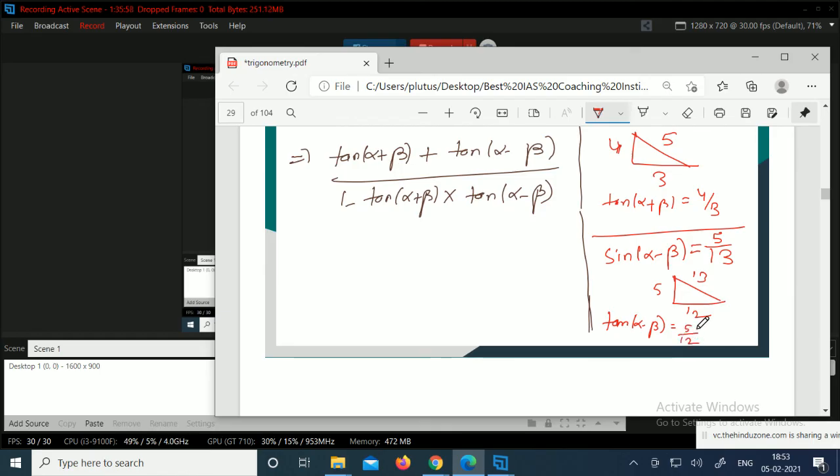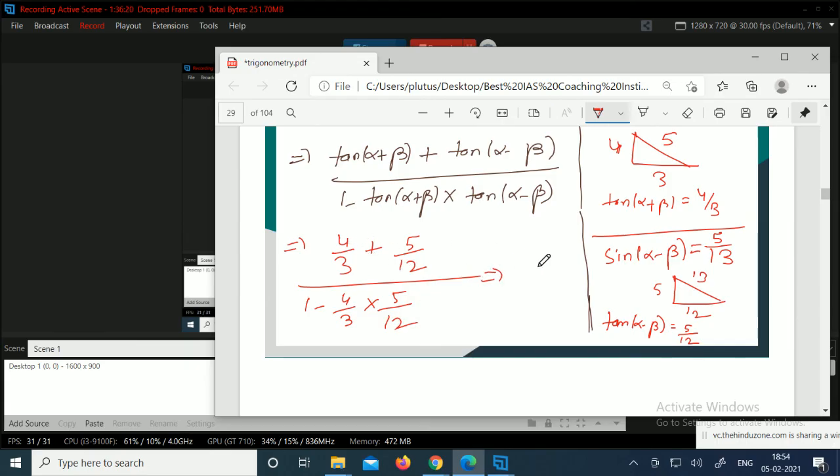Okay. Yes, sir. So if I substitute all values in this expression, then tan(alpha+beta) is 4 by 3 plus tan(alpha-beta), that is 5 by 12, divided by 1 minus 4 by 3 into 5 by 12. Now calculate by taking LCM.